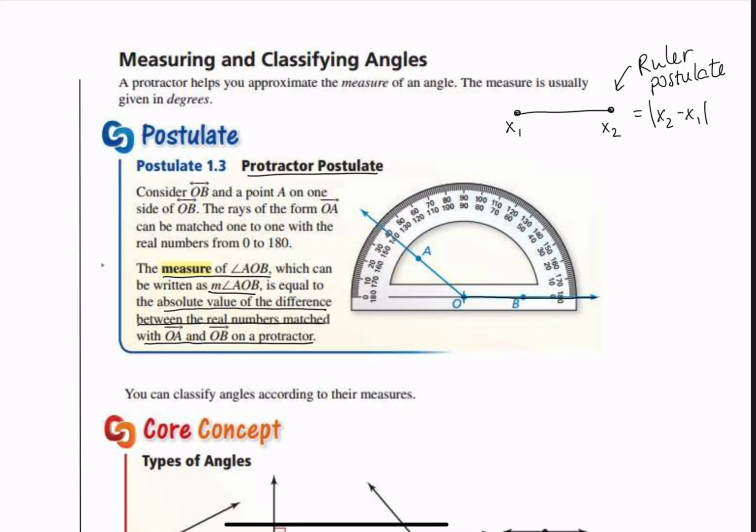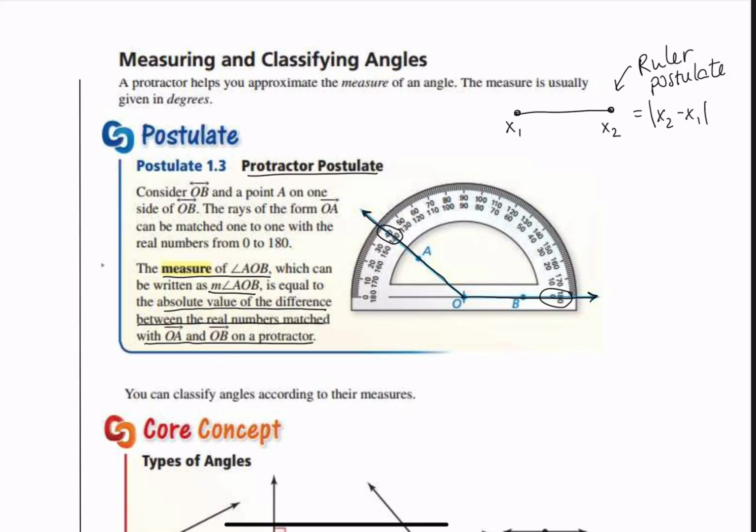You see how it intersects some numbers on that protractor? And then you also have ray OA, which is the other side of this angle, and it also is intersecting some numbers on the protractor. And so to use the protractor postulate, we would basically take the difference between those numbers and do the absolute value so that we make sure that we end up with a positive angle measure.